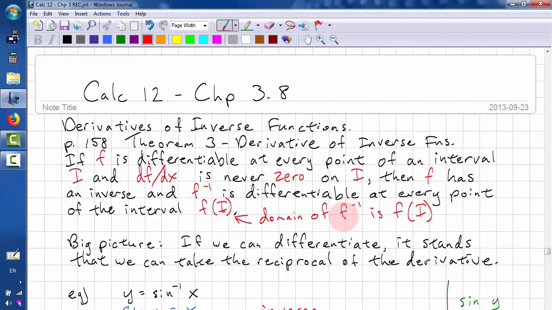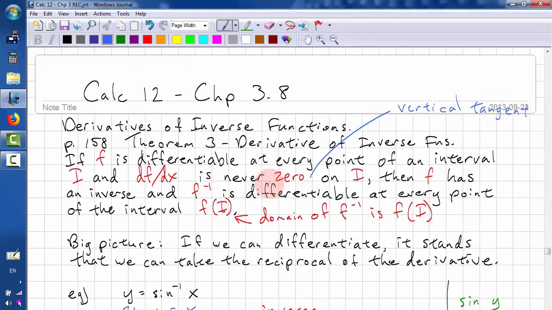So the question is, why do we have this restriction of df/dx is never 0? I'll give you a second to think about that. Because if we're dividing by 0, this is a vertical tangent for the inverse.